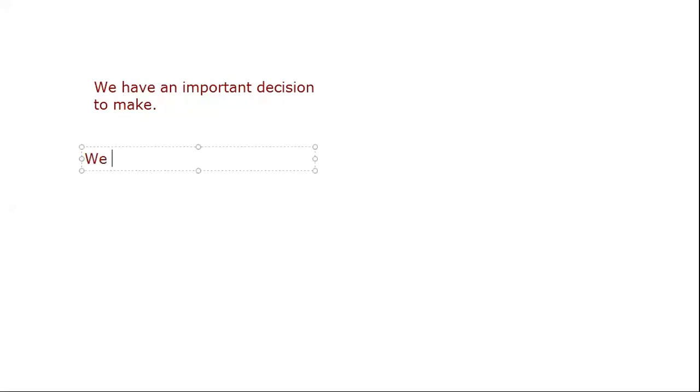So we is the subject and it's a pronoun. We need to focus on the nouns, verbs and adjectives. Important here is an adjective, decision is a noun, and make is a verb.